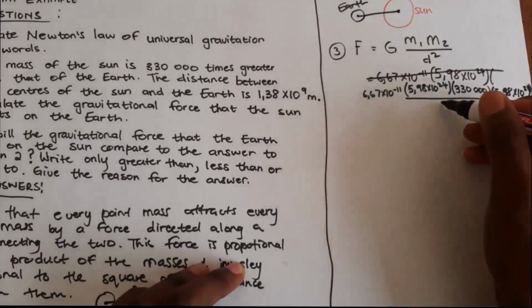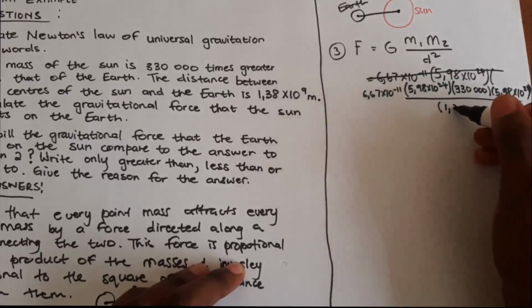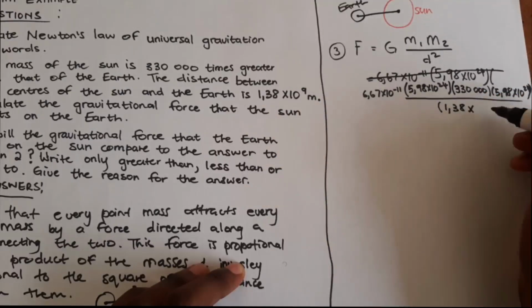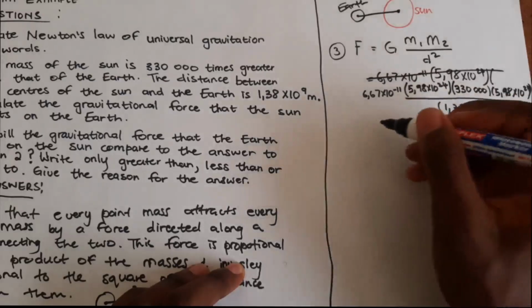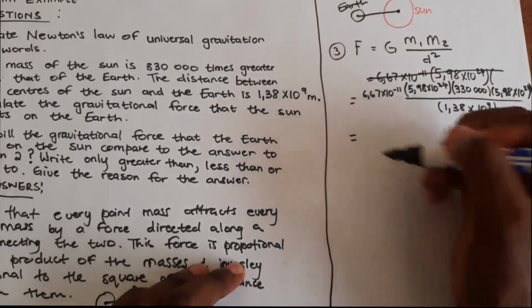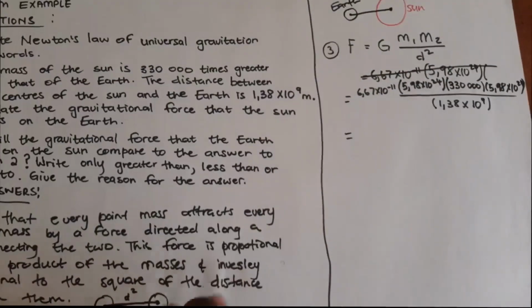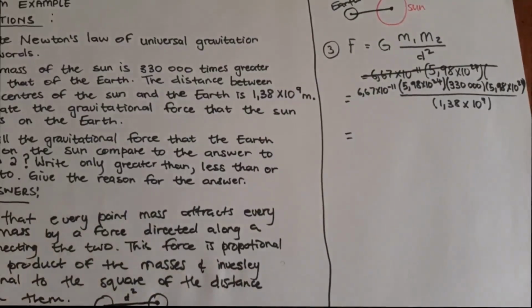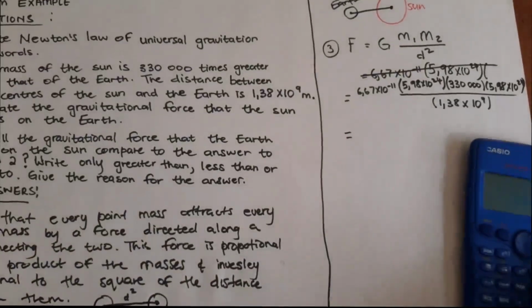So the distance is 1.38 multiply by 10 to the power of 9. So that equals to, punch that in your calculators, guys.